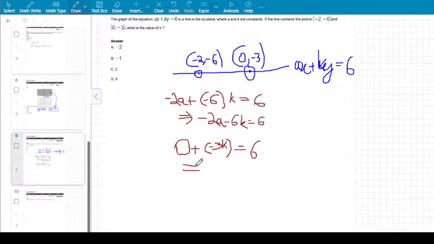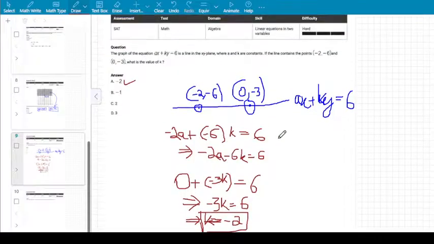So that means minus 3k is equal to 6, which means k is equal to minus 2. Okay, so this is the answer. k is equal to minus 2.